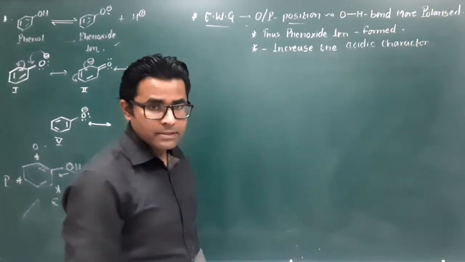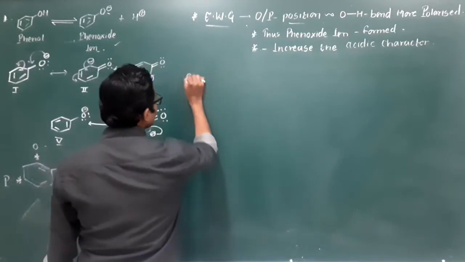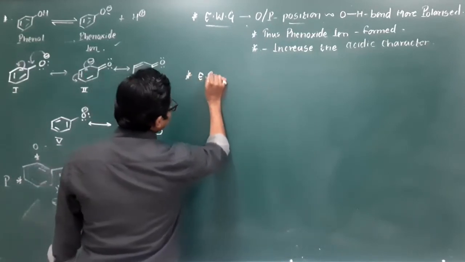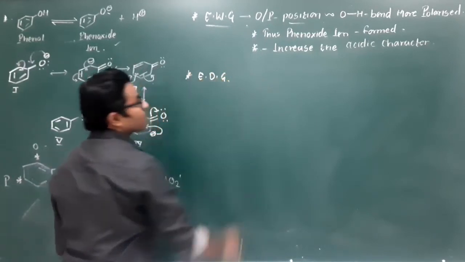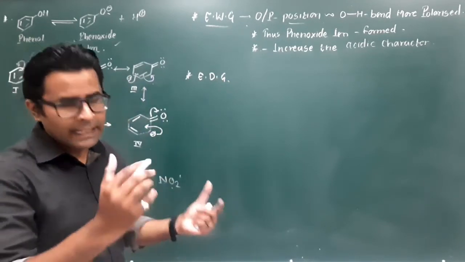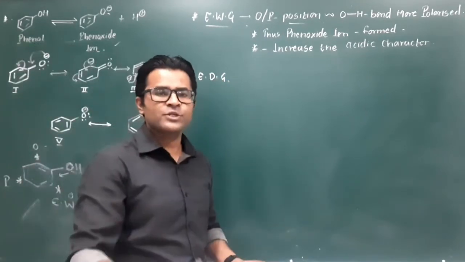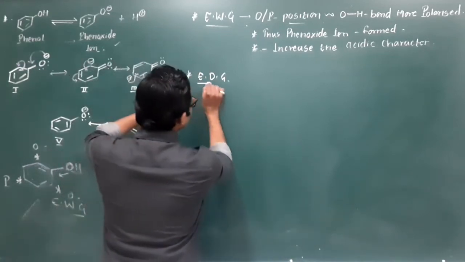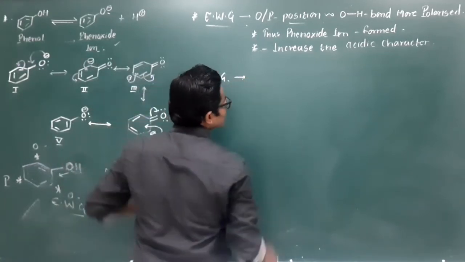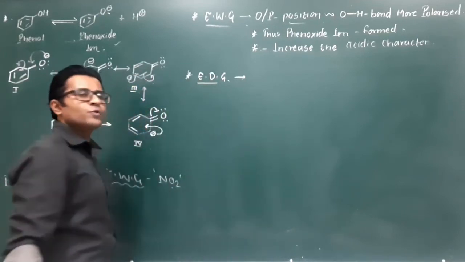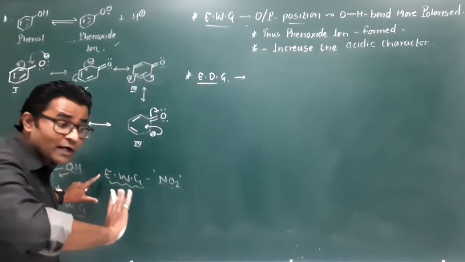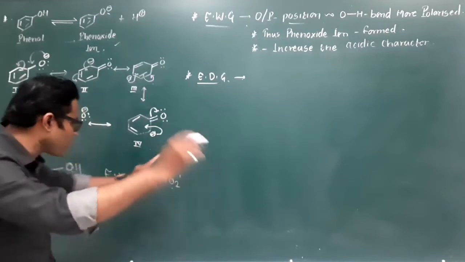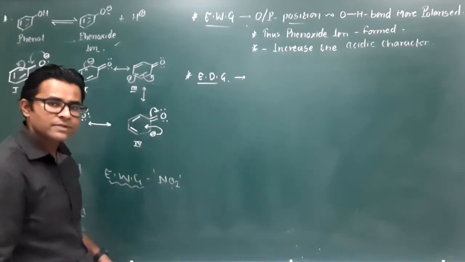On the other hand, if we attach an electron donating group, any group such as an alkyl system, CH3, C2H5, such kind of things, it will keep on releasing electrons to the benzene system.